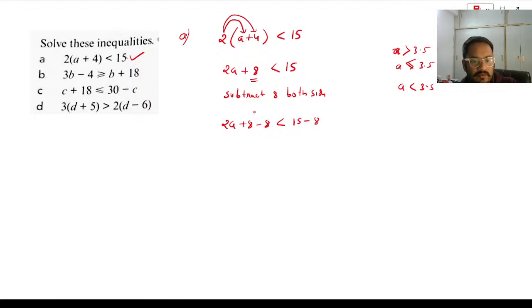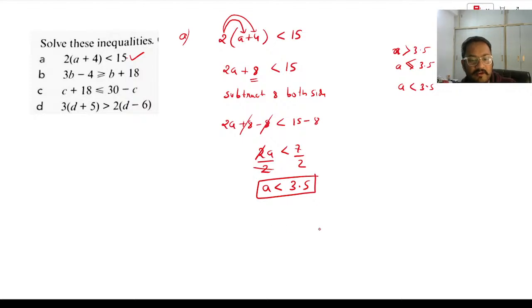This is cancelled and this will be 7, as 15 minus 8 is 7. Now 2a is less than 7. So divide by 2 both sides. 2 and 2 can be cancelled, so the only thing left is a. So a should be less than 3.5.